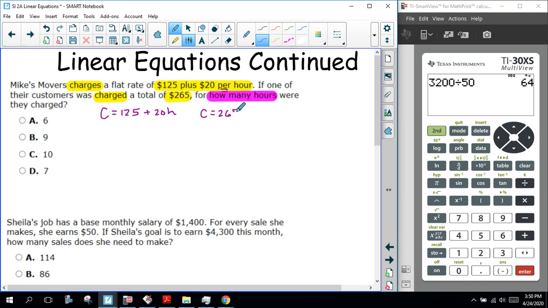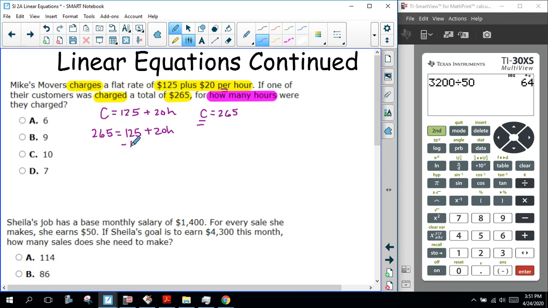$265. So that means where there is a C, I can plug in over here the 265. And as I solve this equation, I'm going to be solving for H, which is the number of hours, and that's what the question's asking us to find. So 265 is equal to 125 plus 20H.